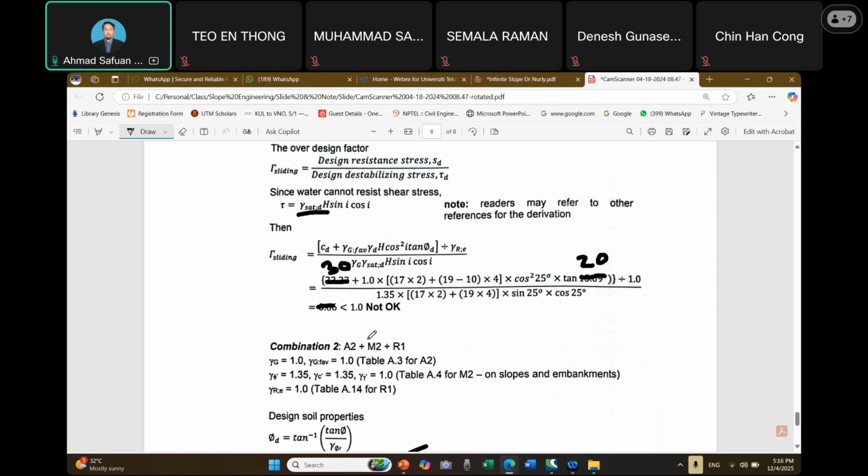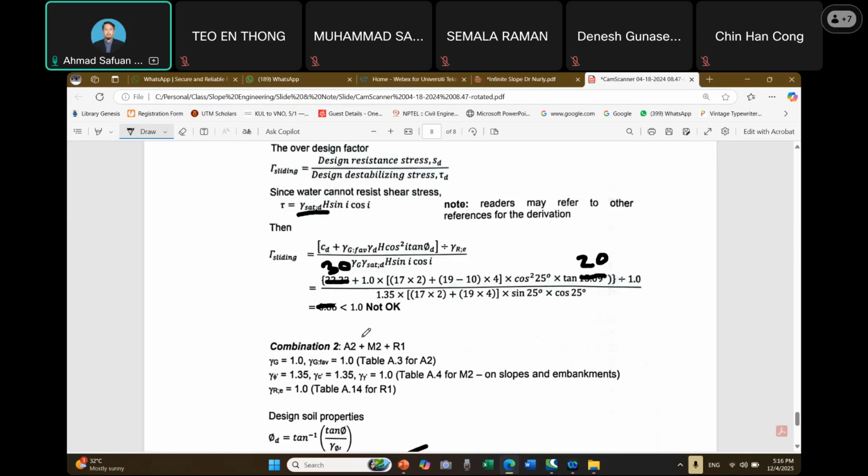Then we obtain 56.88. So 50.92 divided by 56.88, we obtain 0.89 for the first combination.